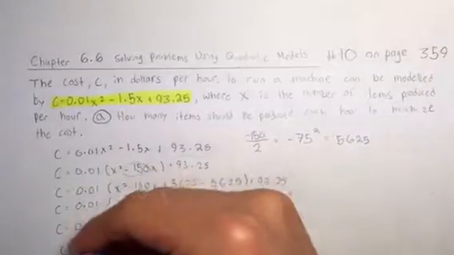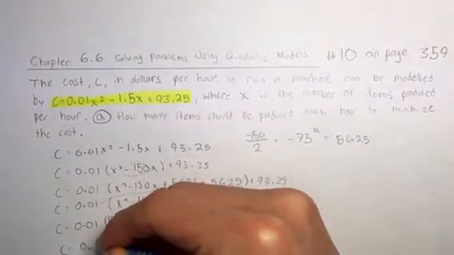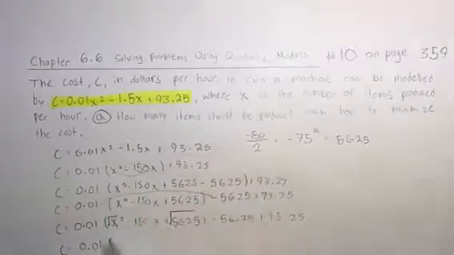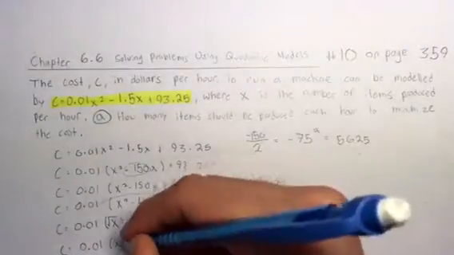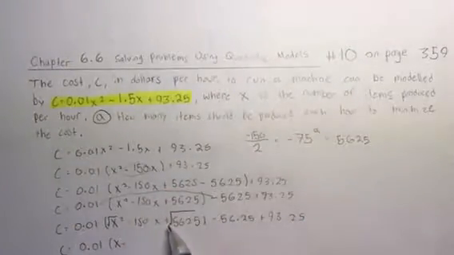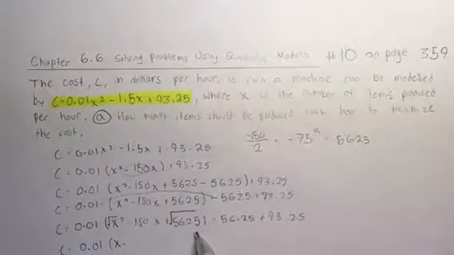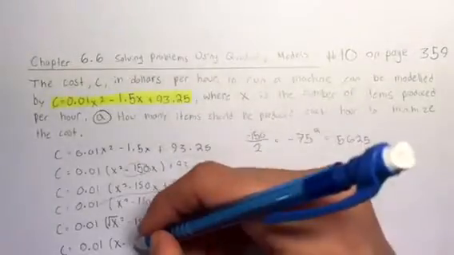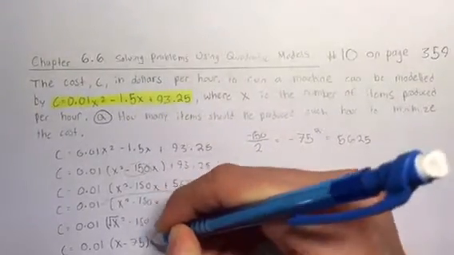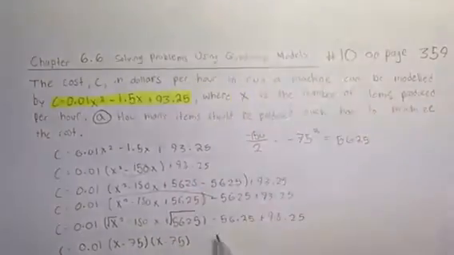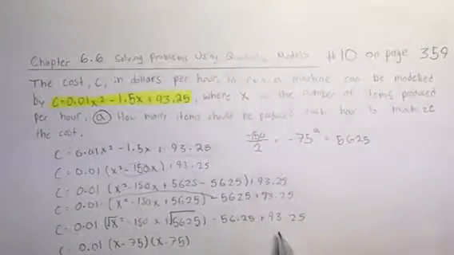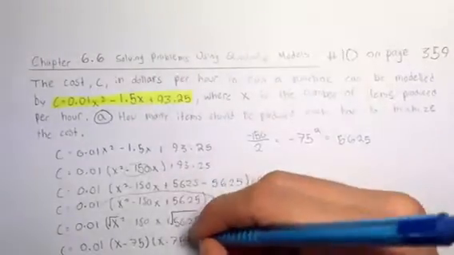So 0.01, and then x squared is x, and since the middle number is negative, it's a minus, and the square root of 5,625 is 75. And negative 56.25 plus 93.25 is 37.